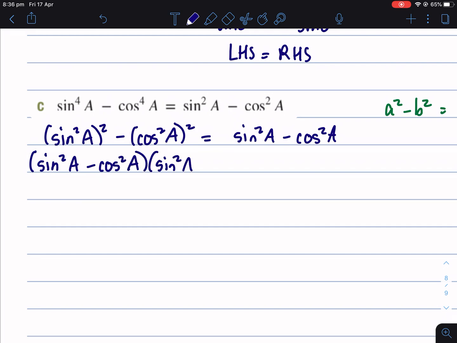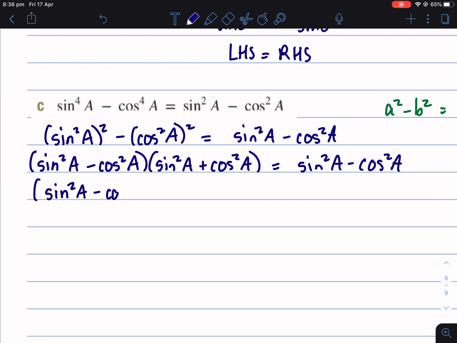So this will come out as sine squared A take cos squared A, sine squared A plus cos squared A. We're hoping to prove that it just is sine squared A take cos squared A. Now, sine squared A take cos squared A, not much we can do with that. But sine squared A plus cos squared A is 1.